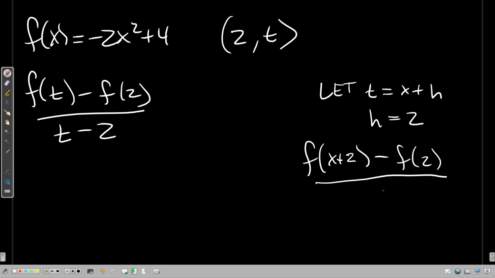So x plus 2 minus 2. I'm goofing something up. Here's t minus 2. So it says x plus 2 minus 2, so it's just x. Seems weird to me, but yeah, that's fine.